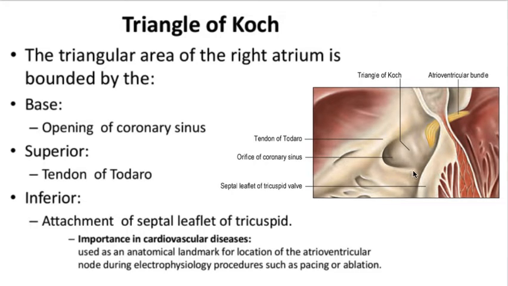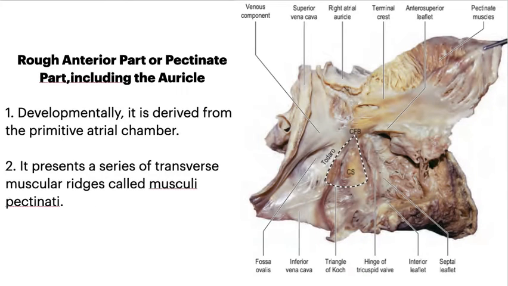Inferiorly, we have the attachment to the septal leaflet of tricuspid valve, and its importance lies in the fact that it is an anatomical landmark for location of the atrioventricular node during electrophysiological procedures like pacing or ablation.